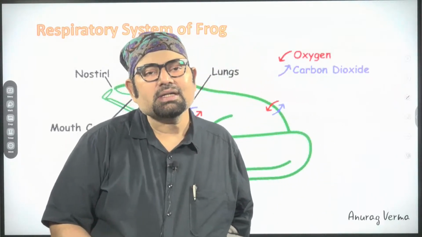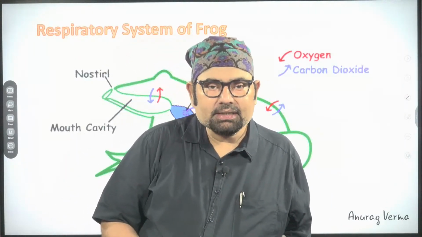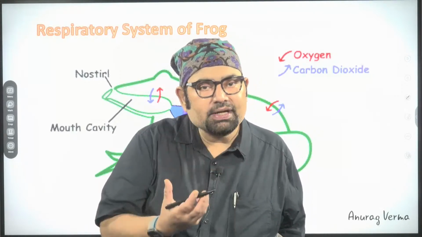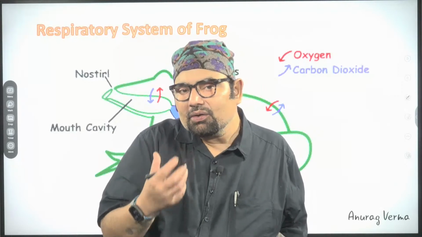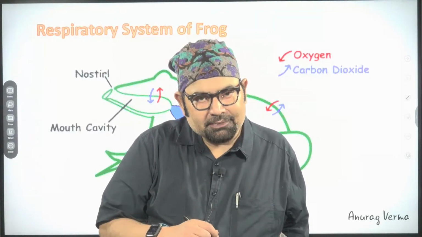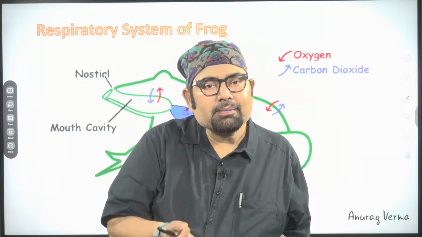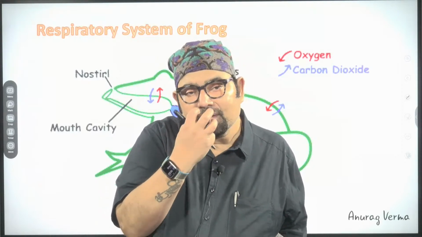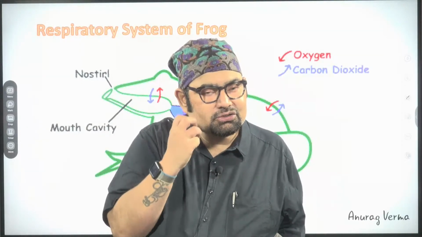It is quite similar in human beings, okay? But the beginning is different, and the teeth are quite different in this case. The teeth are not like those of human beings. Because we are mammals, we have heterodont teeth, 4 different types of teeth. We have biting teeth and chewing teeth.